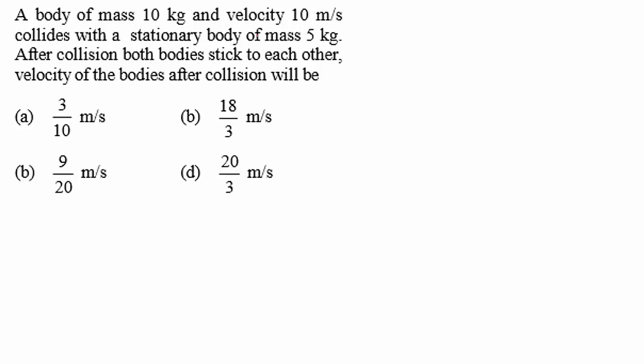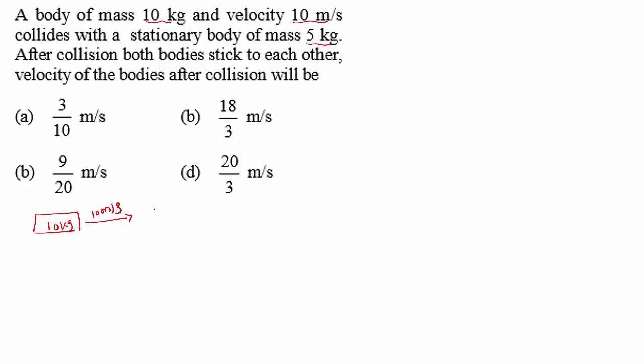A body of mass 10 kg and velocity 10 meter per second collides with a stationary body of mass 5 kg. After collision, both bodies stick to each other. The velocity of the bodies after collision will be? See here, a body of mass 10 kg is moving with velocity 10 meter per second.